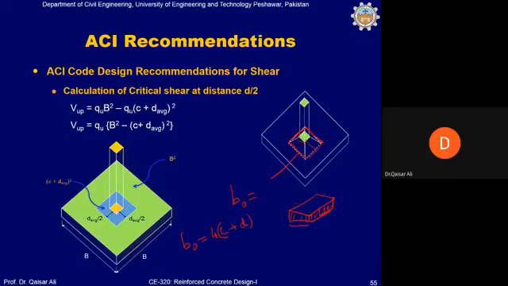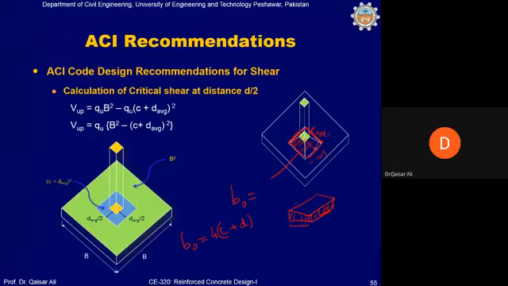Now the area which is to be deducted from this punching shear will be this area, where one side is C plus d, and this side is also C plus d.